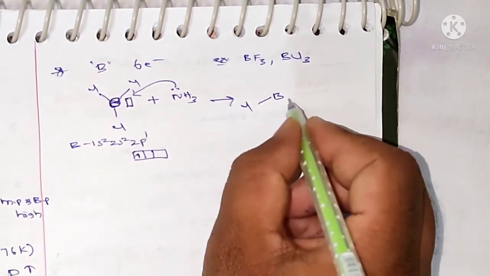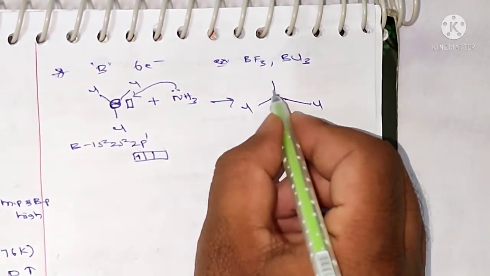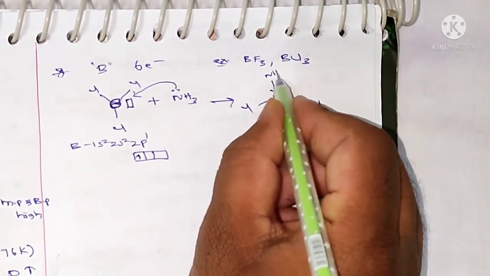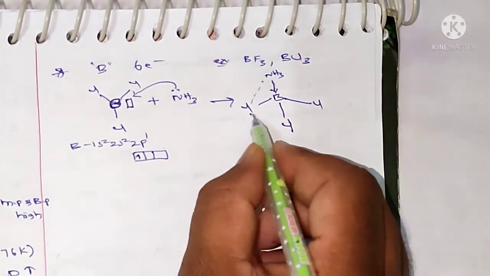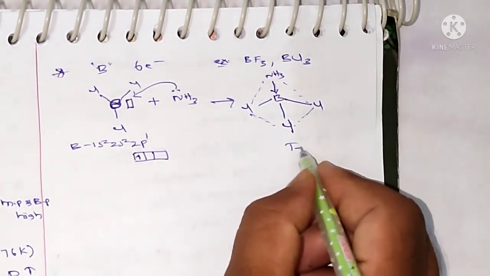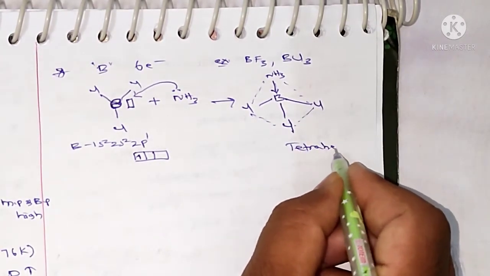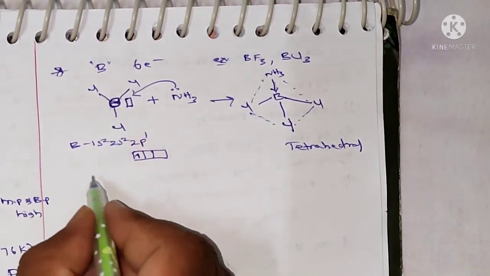Here 3 chlorines form covalent bonds, and 1 NH3 forms a coordinate covalent bond. So its geometry is tetrahedral, and here its geometry is trigonal planar.